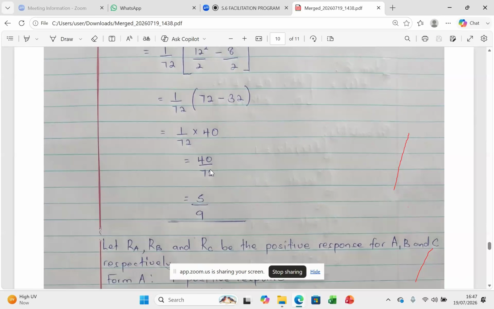After that, we got our value: the probability that the consultation time is more than 8 minutes is 5/9.